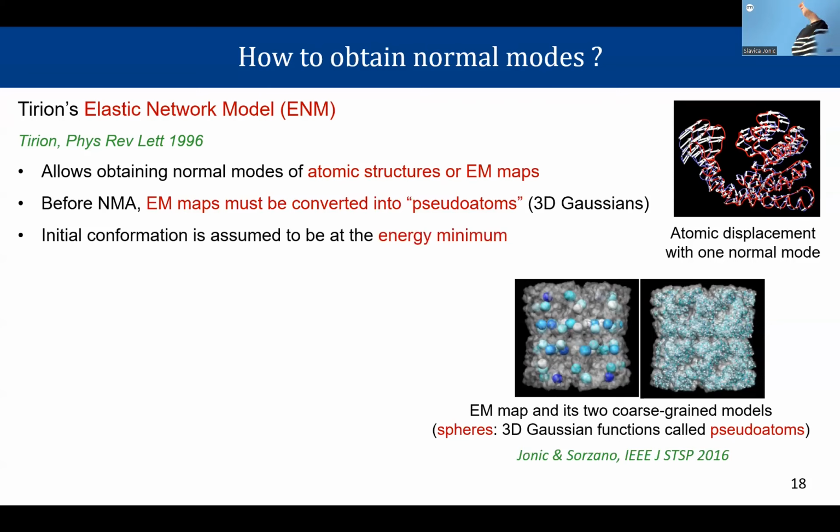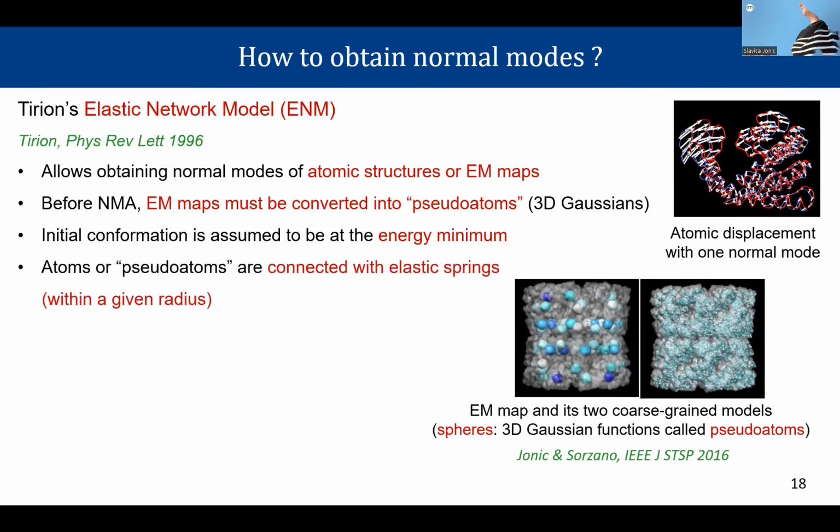Then you suppose that this given model is at the energy minimum, and you also suppose that the atoms are connected with elastic springs. Those atoms that are connected will interact, and you don't connect all atoms, but only atoms within some radius.